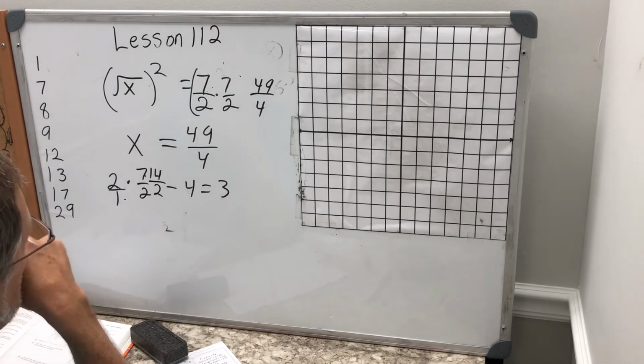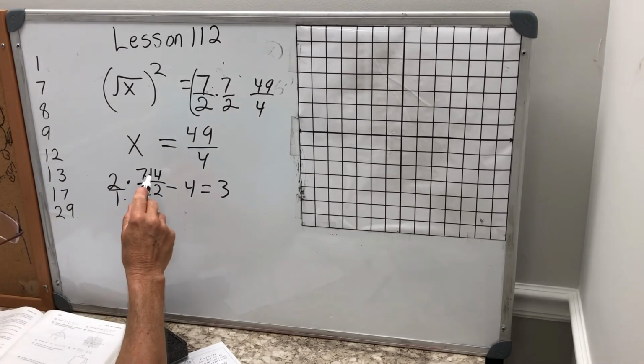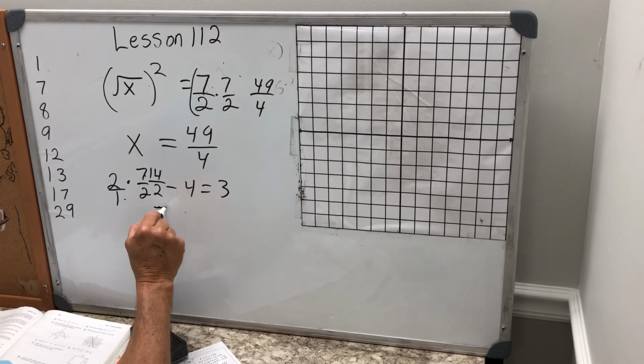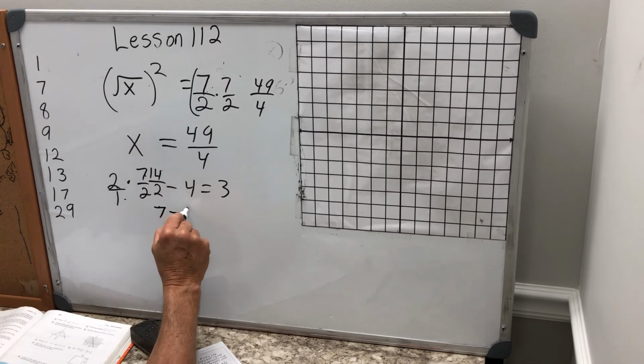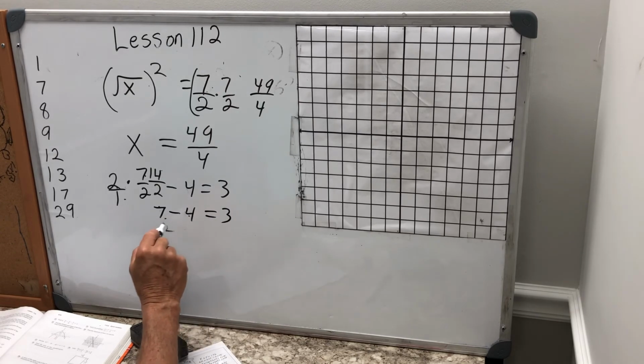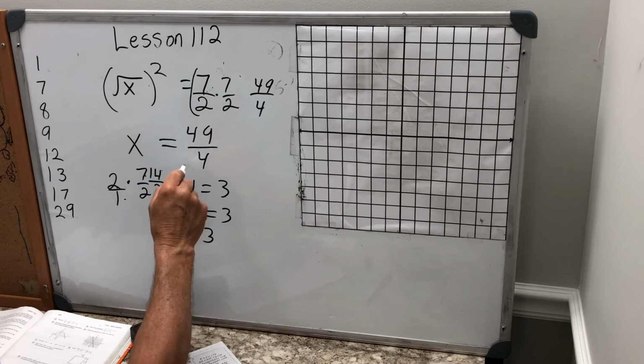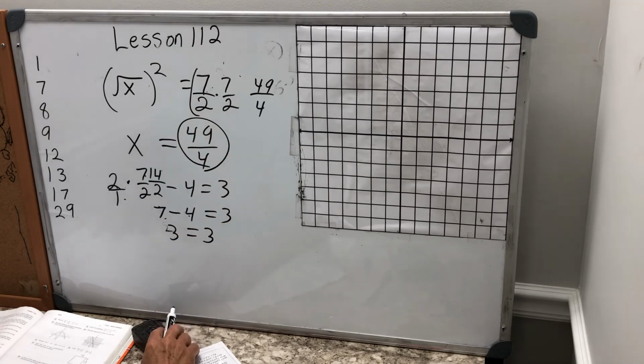What is 14 over 2? Simplify that. That is 7. 14 divided by 2 is 7. Then we take this, 7 minus 4 equals 3. Does 7 minus 4 equal 3? 3 equals 3. Bingo! That 49 over 4 has been proven to be the right number for x.